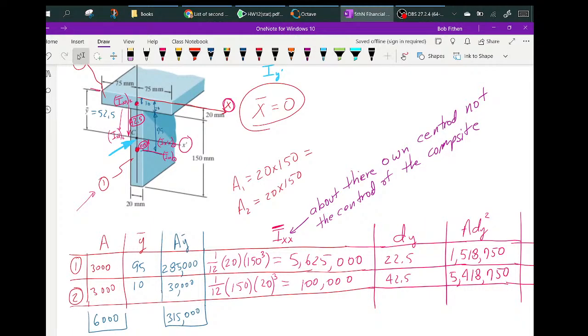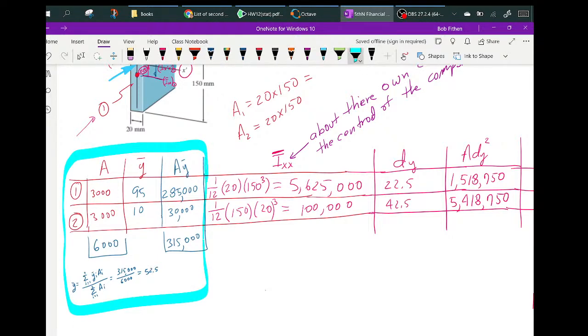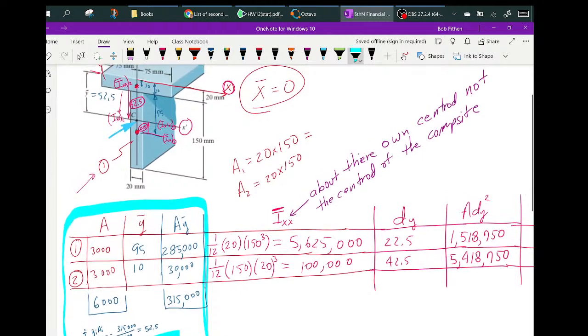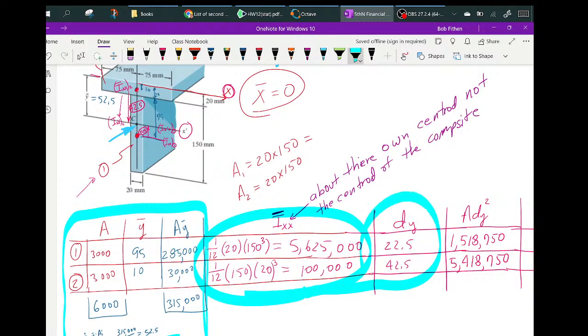There's a good chance our error doesn't exist inside of here. So there's a good chance we're okay here. And the reason I say that is because we got the right value of A bar. The next question is, did I goof up either this or my distances?